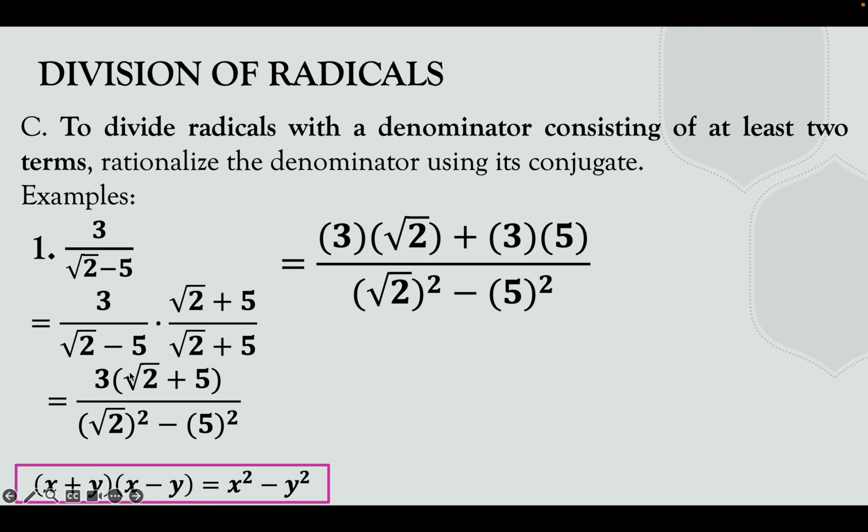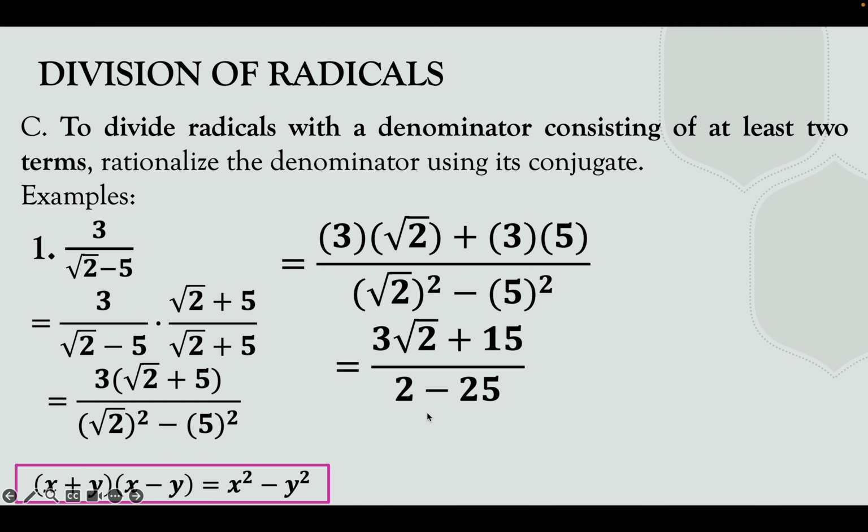So here, distribute 3. So 3 times square root of 2 plus 3 times 5, over square root of 2 squared minus 5 squared. So we have now 3 square root of 2 plus 15. We can eliminate the radical sign here, the square and the square root.